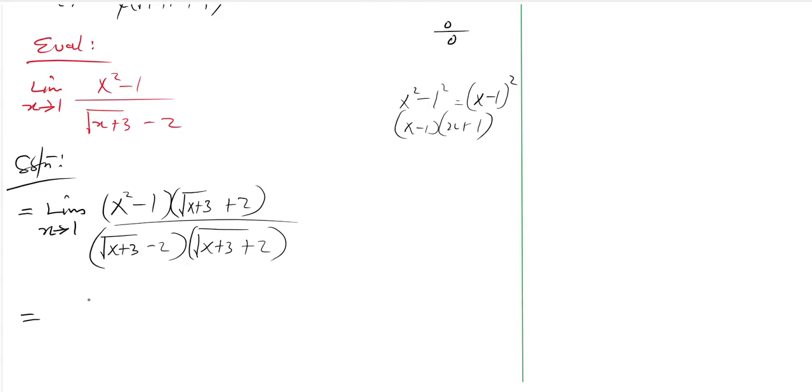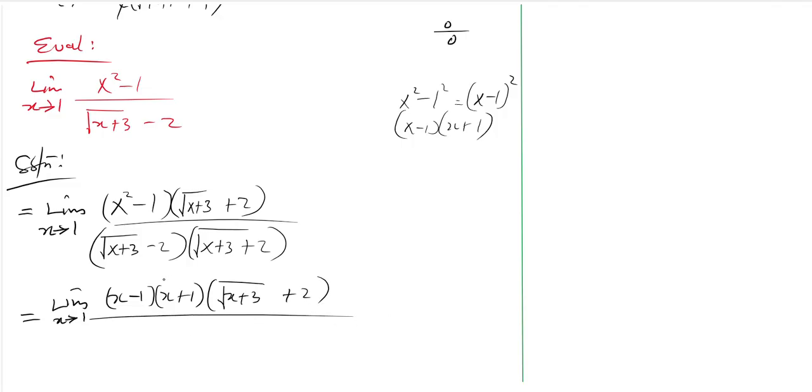Let's also rewrite that. We are going to have the limit as x approaches 1 of x minus 1 multiply x plus 1 multiply the conjugate, which is root x plus 3 plus 2, all over the denominator, which is the difference of squares, root x plus 3 minus 2 squared.